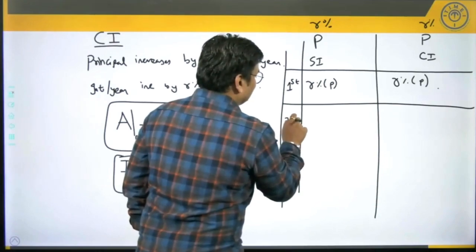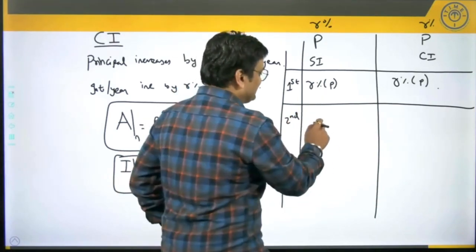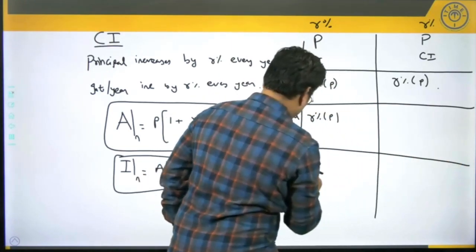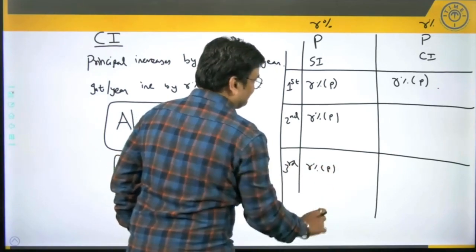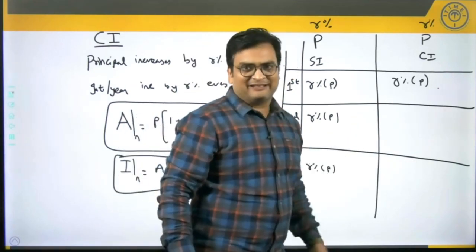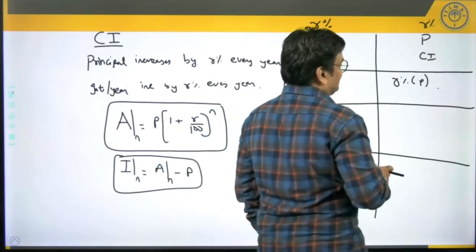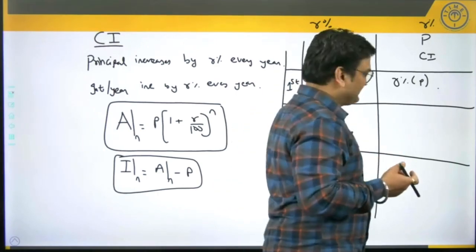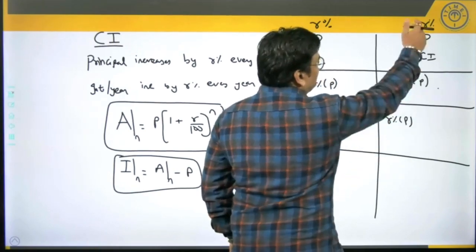When you come to the second year, SI remaining the same will be R% of P only. For the third year also, it's going to be R% of P only. Whereas if you come to CI, for the second year, please understand, there would be a change now. There will be R% of P coming from the main principal amount.